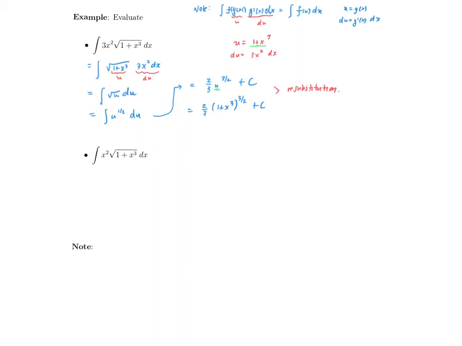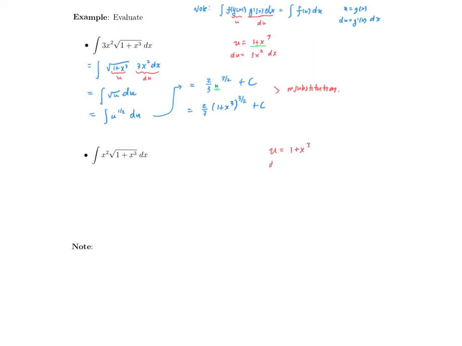And when we do a substitution, we try to choose u to be something inside another function. And not only do we try to pick something inside another function, we want to pick the largest possible inside function. And with that in mind, we'll choose u to be 1 plus x cubed, just as we did above.